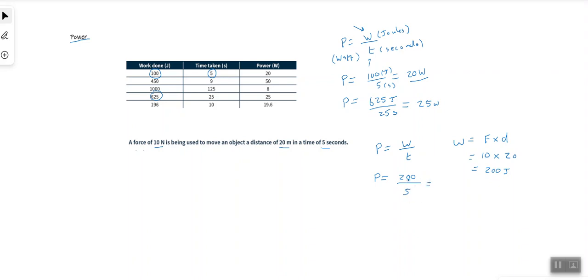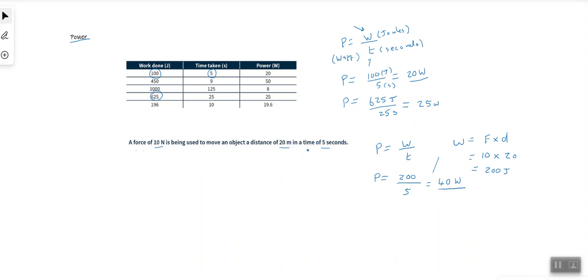So that's going to be equal to 200 divided by 5, which is equal to 40 watts. Another way to think about that is 40 joules per second, and 1 joule per second is what's known as a watt. So 40 watts of power were generated in this activity.